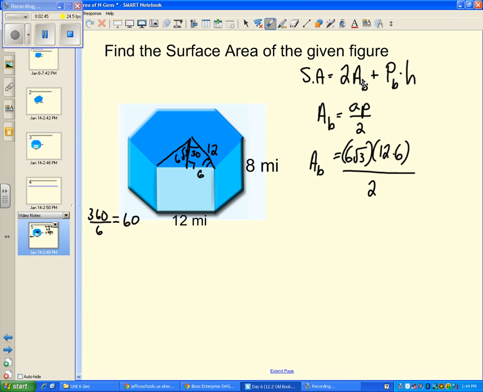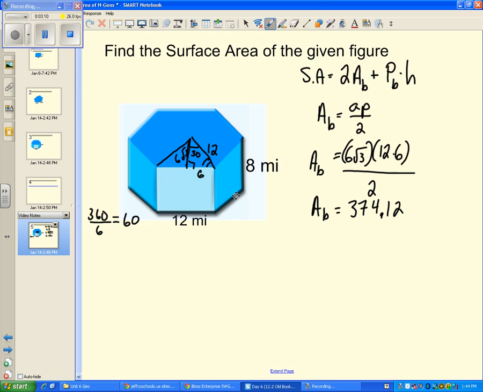But I'll just get the area of one base, and then we'll go from there. So the area of one base, I'm just punching this into my calculator, and I end up with 374.12 for the area of the base. Now remember, I'm going to multiply that by 2, so that's my first thing.